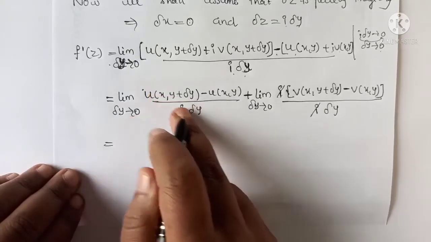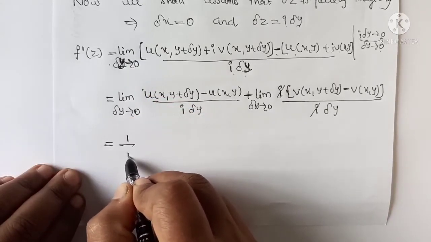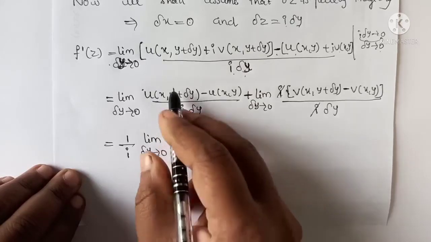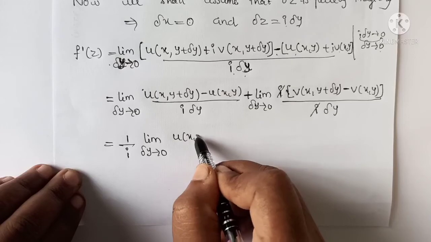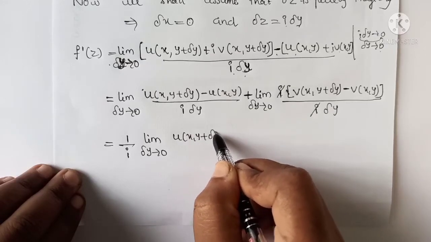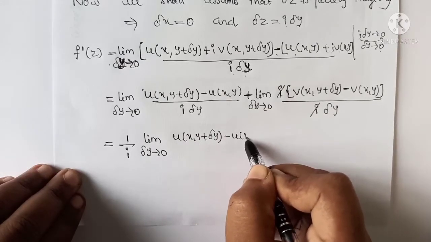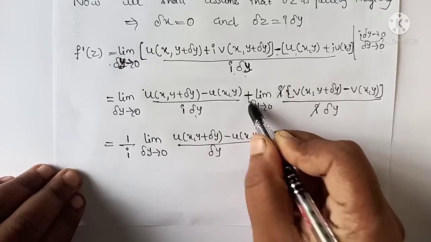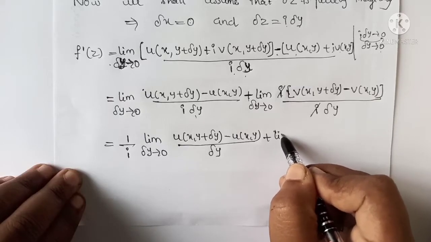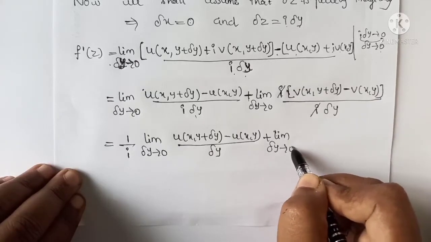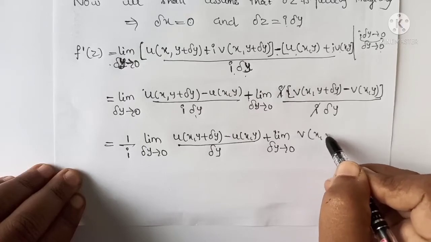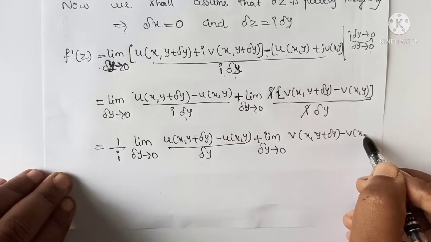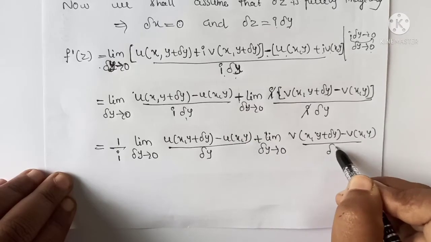So therefore it can be written as 1 by i we take outside, limit of delta y tends to 0, u of x comma y plus delta y minus u of x comma y, whole divided by delta y, plus limit delta y tends to 0, v of x comma y plus delta y minus v of x comma y divided by delta y.